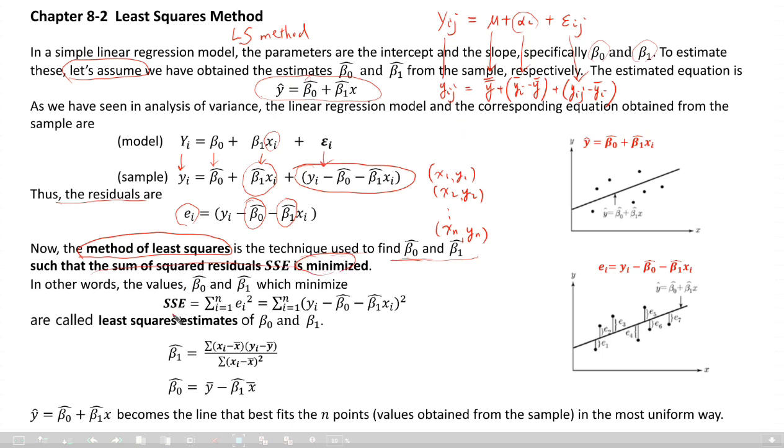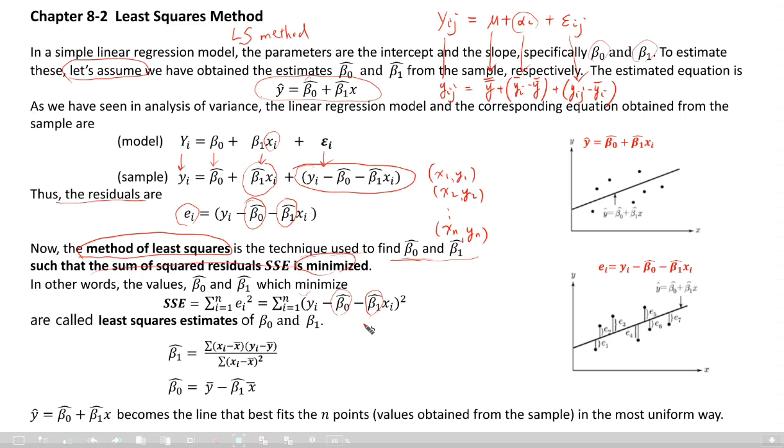In other words, the values of beta 0 hat and beta 1 hat minimize SSE. SSE is the residual sum of squares: the sum of ei squared, which is the sum of yi minus beta 0 hat minus beta 1 hat xi, squared. We know the values of x and y. We want to get these two unknown values, so we need partial differentiation.